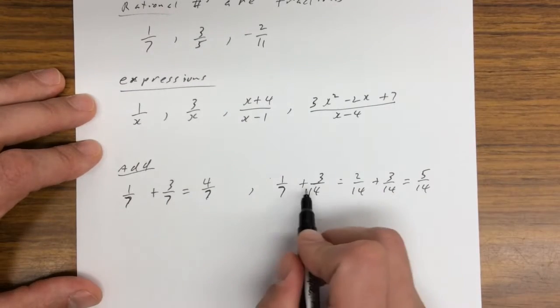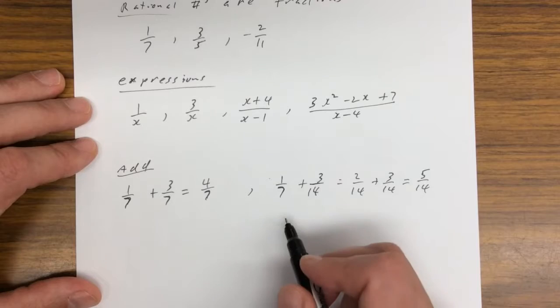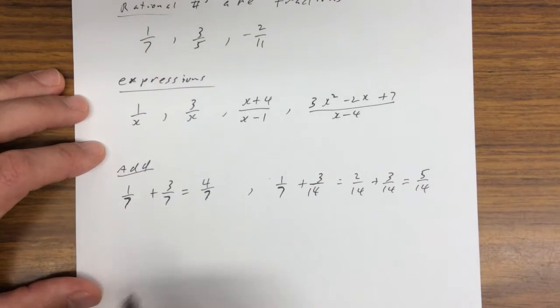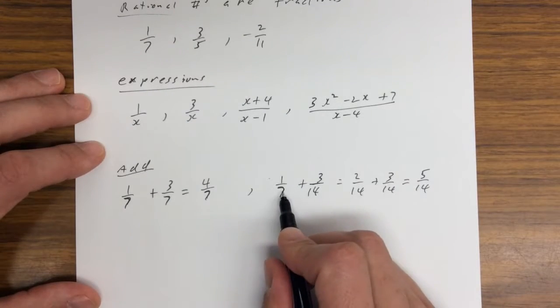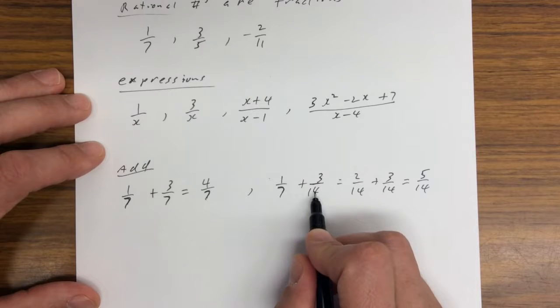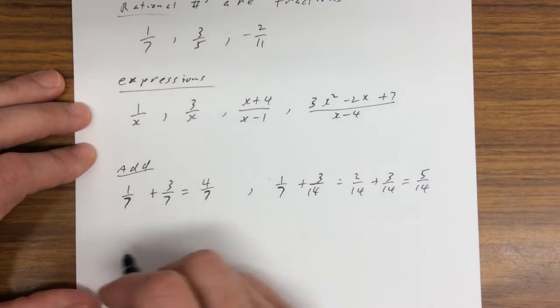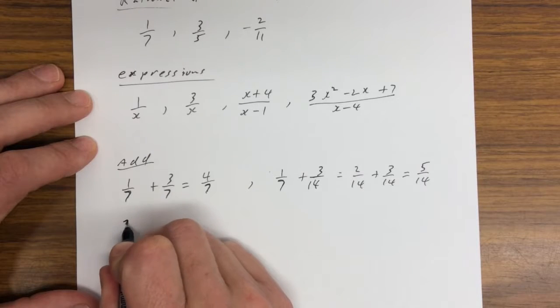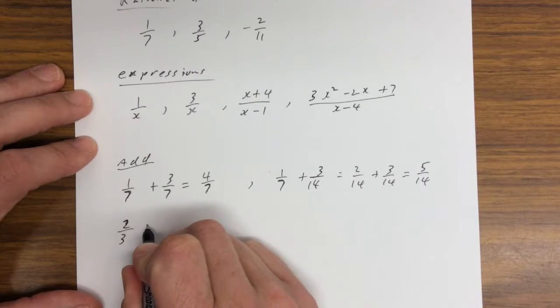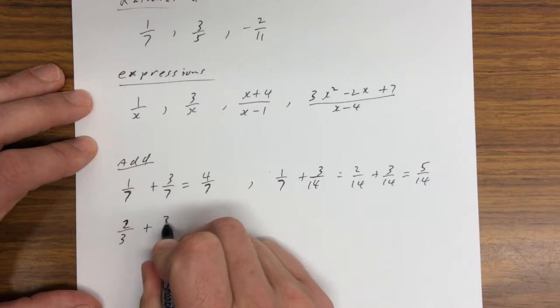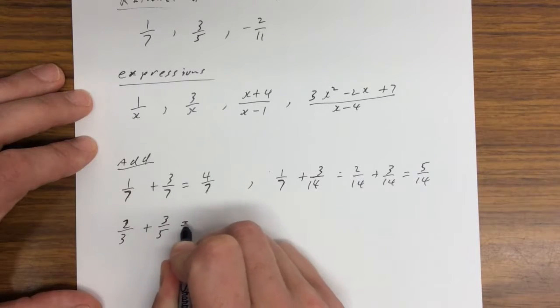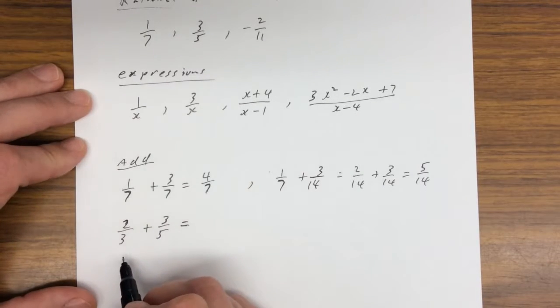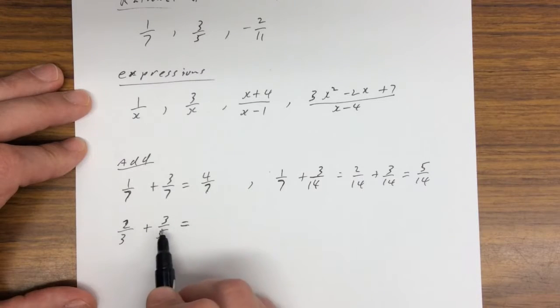You do the same thing with subtracting. If it's minus in there, you'd subtract. So that's if one of the numbers is a factor of the other number. Now, if not, say you have something like 2/3 plus 3/5. Well, now you're going to have to break this up into 5 pieces each and this up into 3 pieces.